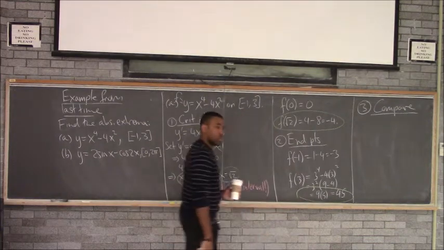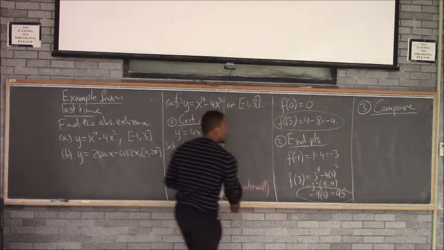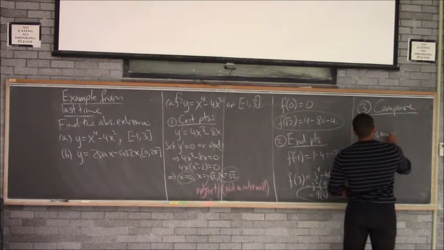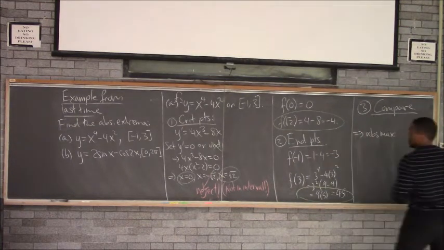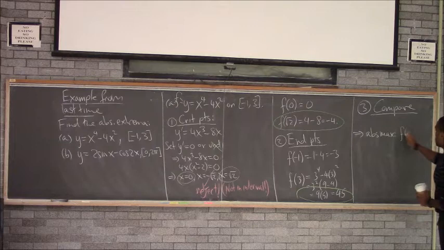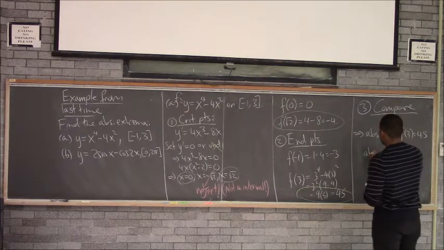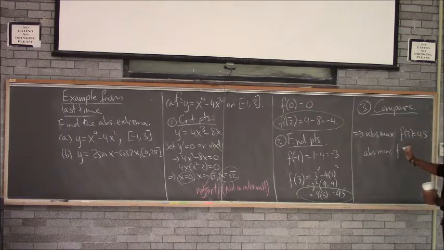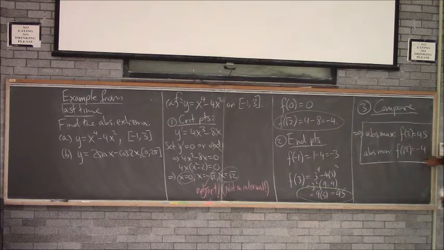This one. This means the absolute max is going to be f of 3 equals 45. And the absolute min is going to be f of radical 2 is minus 4. And that is your answer.